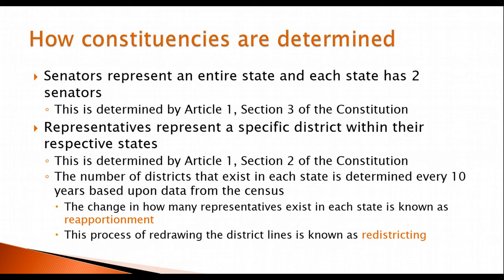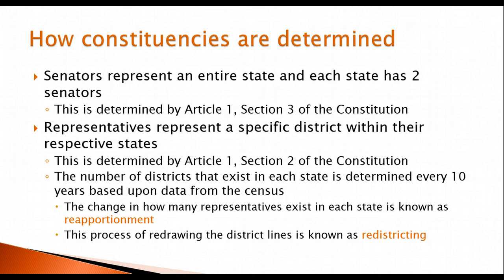The first thing that they look at is the concept of reapportionment. Reapportionment is the process of changing how many representatives exist in each state. So, if you get a whole bunch more population relative to everybody else, then you'll get more representatives. If you lose population compared to other states, then you will lose representation.